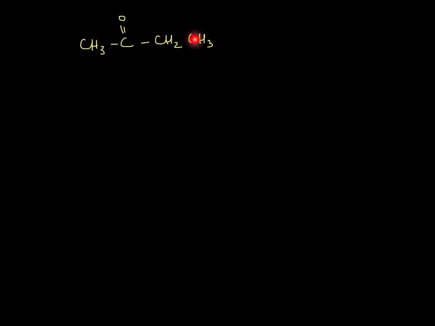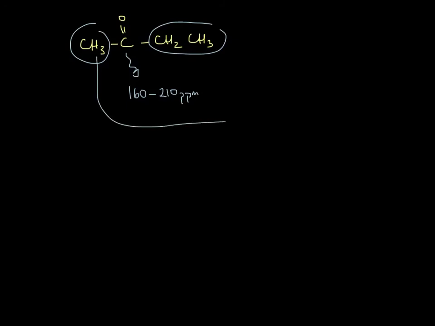The most notable one would be this C double bond O right here, which would appear between 160 and 210 ppm. And we would expect all of the other ones to show up. They would be, of course, different. There would be 3 environments for these 3 carbons, but they would all be in the range of roughly 0 to 35 ppm.